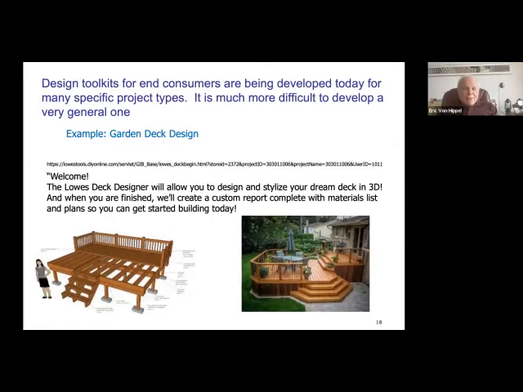So what happened here? Just like in the case of integrated circuits, the company, in this case Lowe's, said, wait a minute, there's underlying stuff about structural engineering that the customer doesn't have to know. Let's separate that out from the design of the deck itself. In other words, you see that thing on the left there.